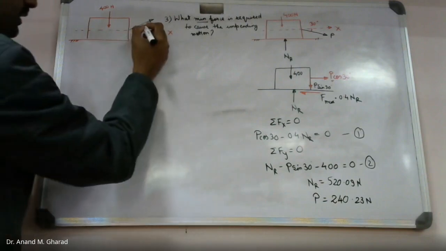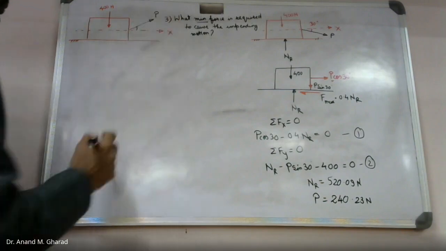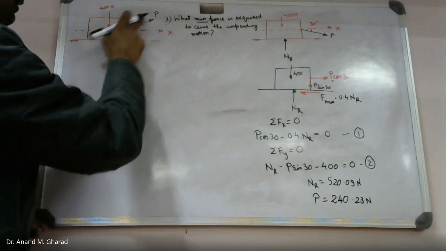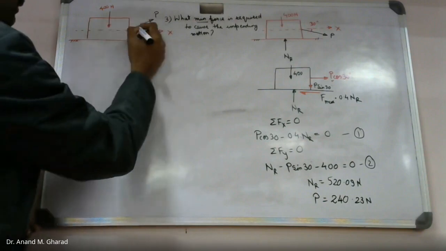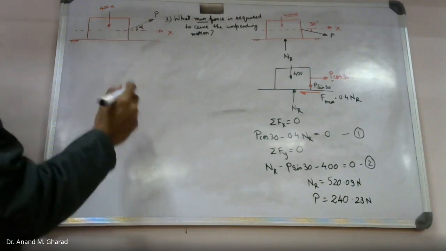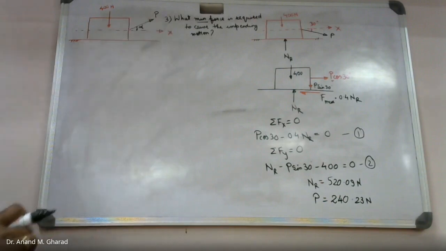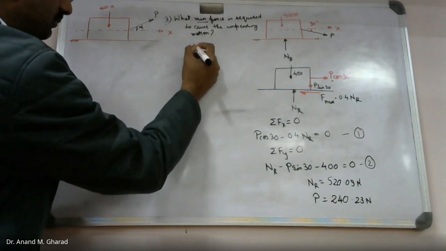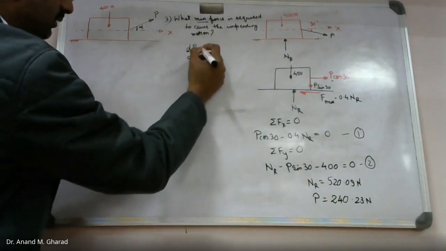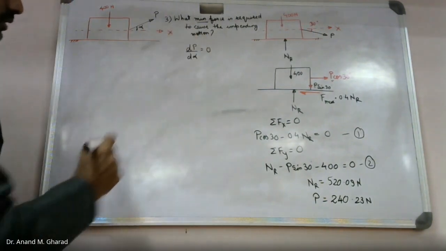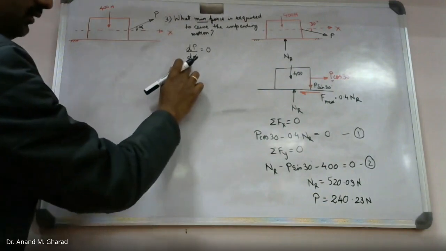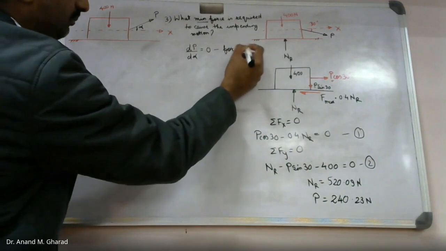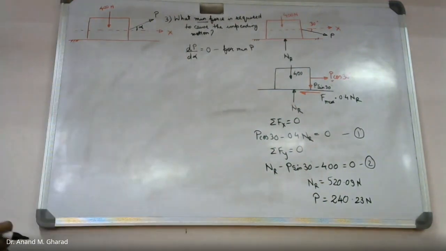For example, let me consider this P value and its inclination in this manner, making an angle of alpha with respect to the horizontal direction. So in order to calculate the minimum value of force, I can make use of this equation, right? For minimum P, I can use this equation, right?